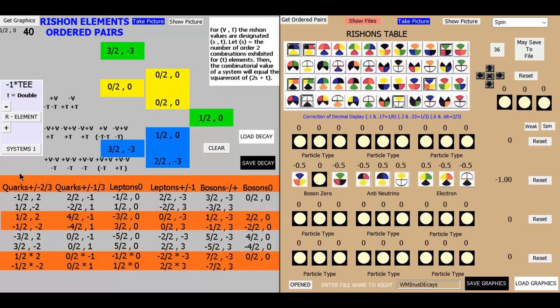these two particles in terms of the combinatoric schema, the ordered pairs representing the combinatoric schema. And so here we have the electron.